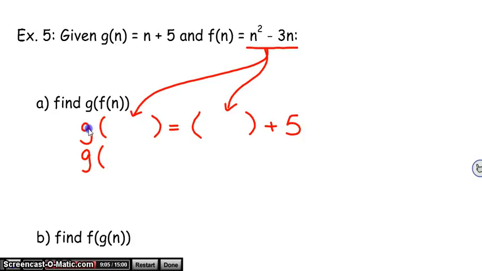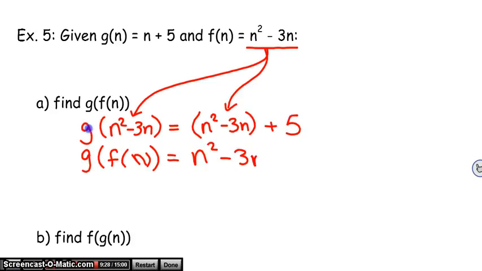So g of n squared minus 3n, everywhere there was an n. And so g of f of n is equal to, and then to simplify this, we don't need the parentheses, and there are no like terms, so we're just going to write n squared minus 3n plus 5. And that's as good as it gets.